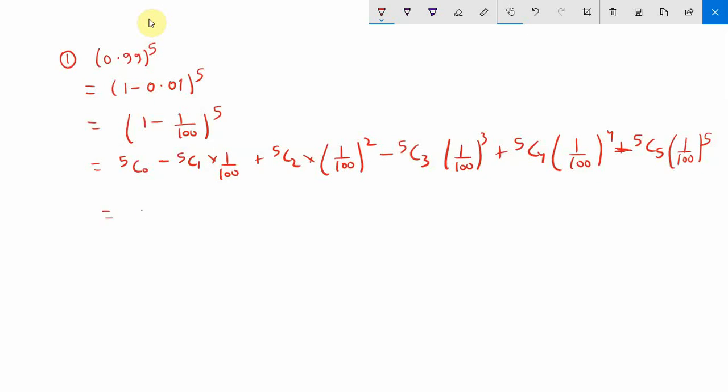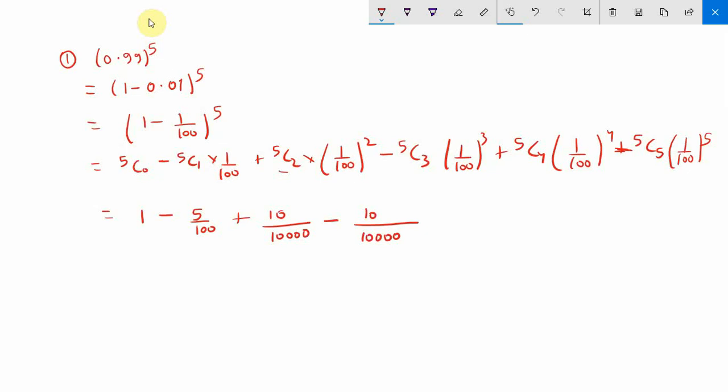So this is equal to 1 minus 5 by 100, and 5c2 we can calculate, it will be 10. So plus 10 by 100 squared, and next term will be 5c3, which is again 5c(5 minus 3) or 5c2, so it is again 10 divided by 10 to the power 6.